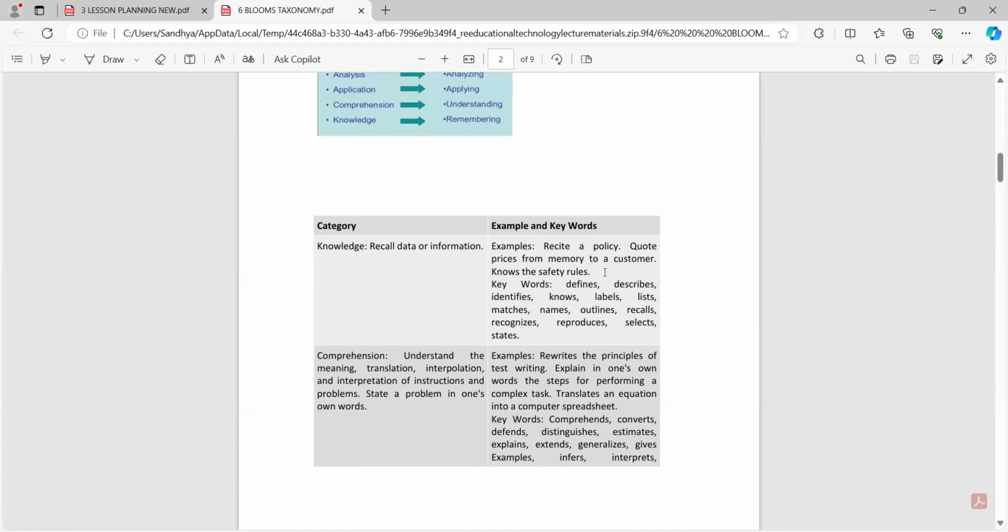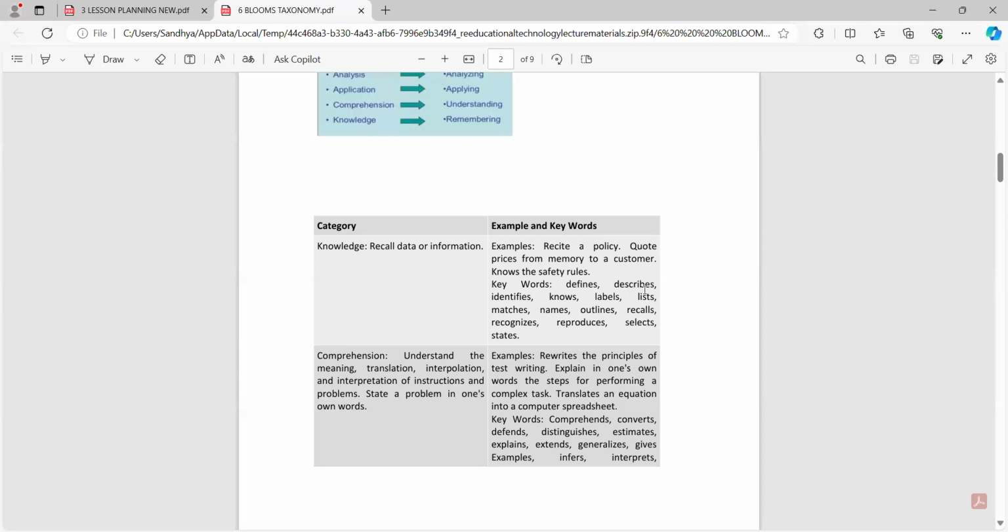So Bloom's says, if you are catering to the remembering level, the lowest level of cognitive development, Bloom suggests some action verbs. Why action verbs? We write specific objectives as what the students will be able to do at the end of the lesson, so we must write with an action verb. What action words are given for basic remembering?